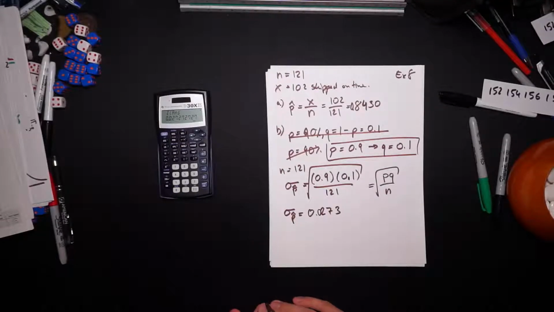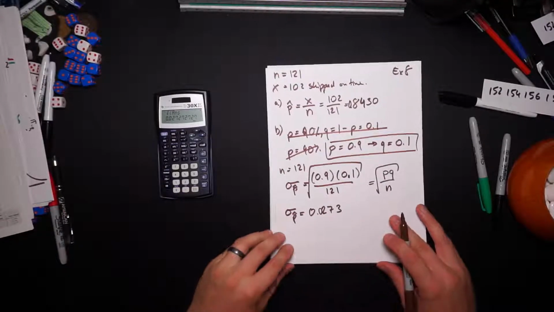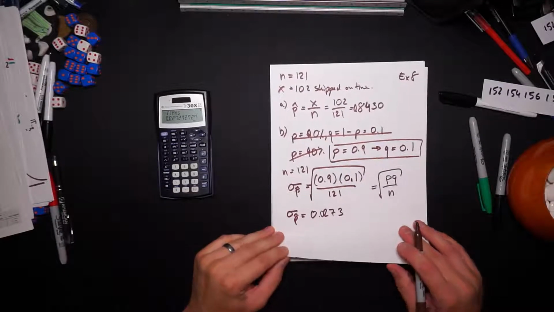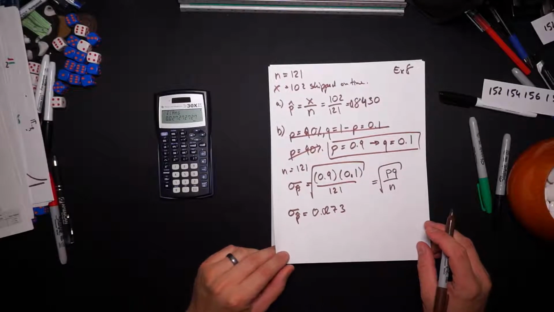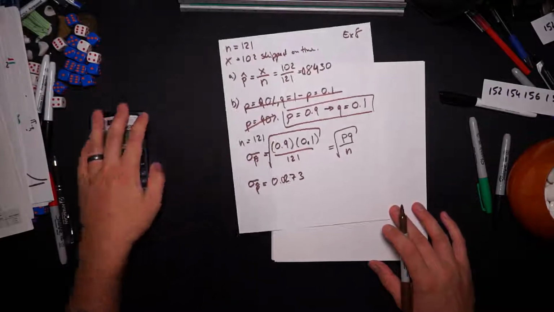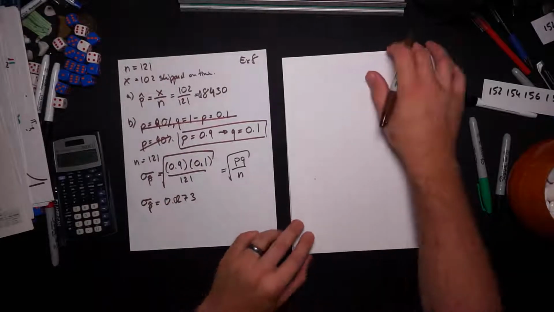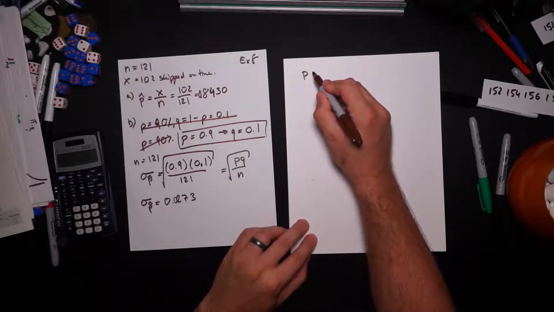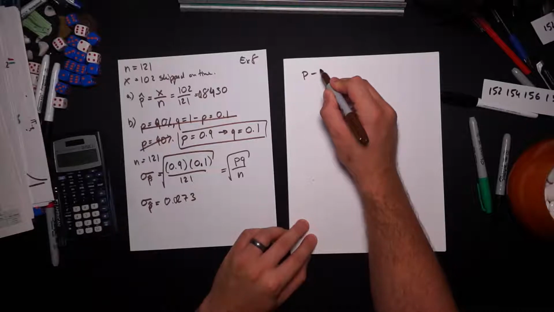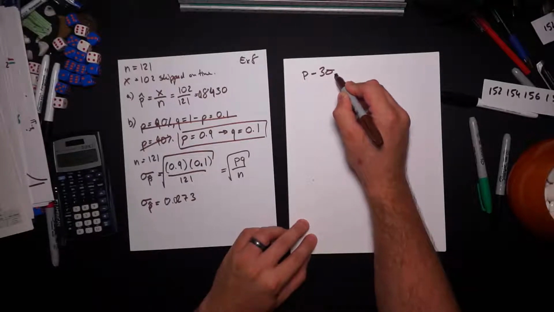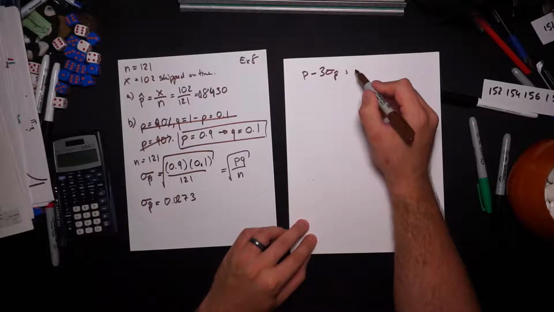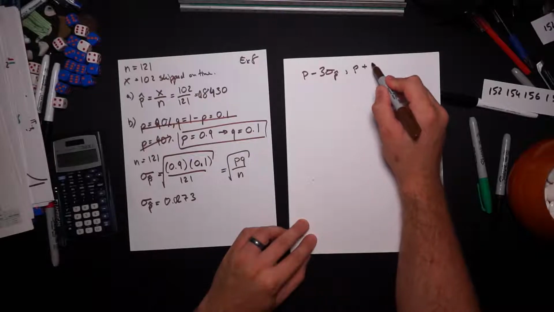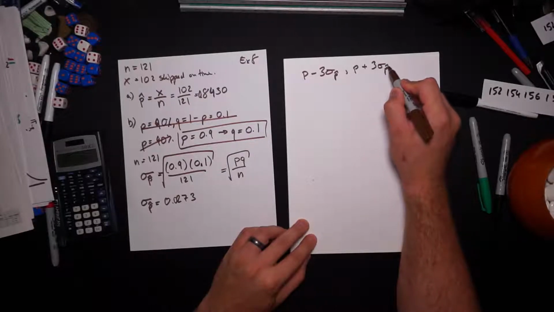All right, so we have that, and now we need to check if we can use normal. To check if we can use normal, we have to go P minus 3 sigma P hat, P plus 3 sigma P hat.